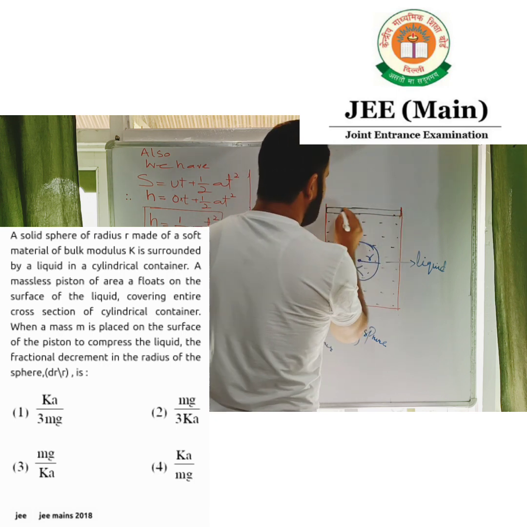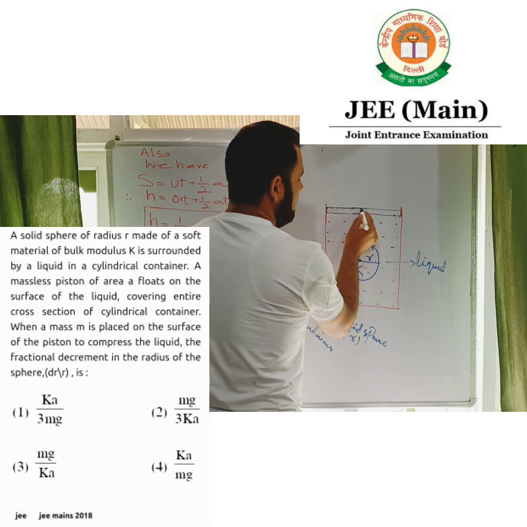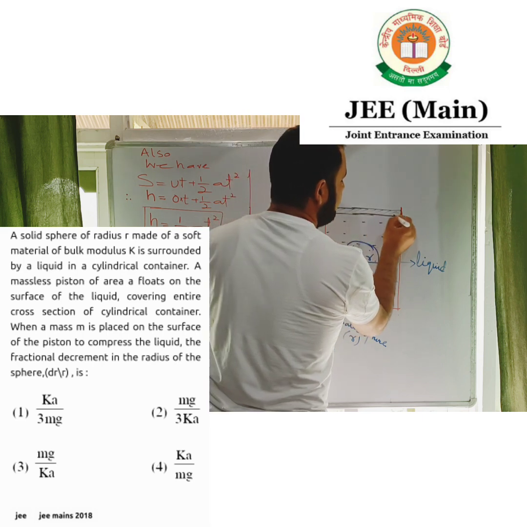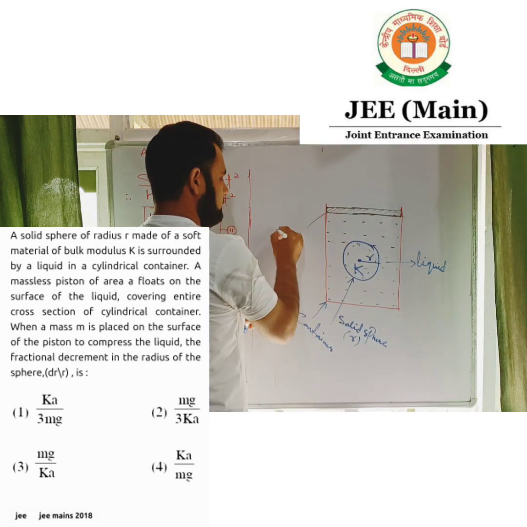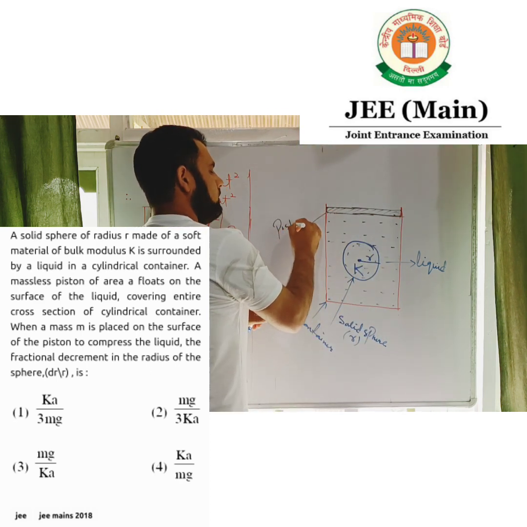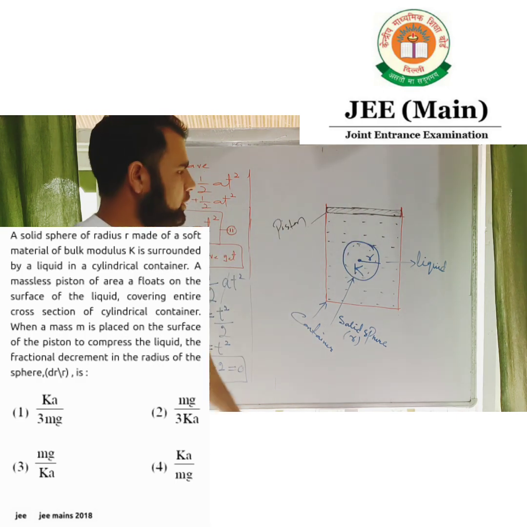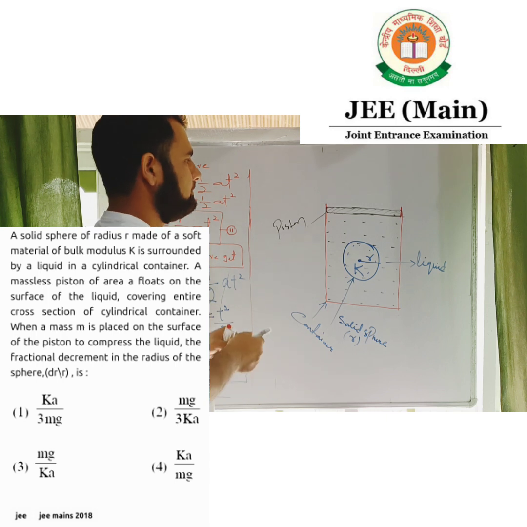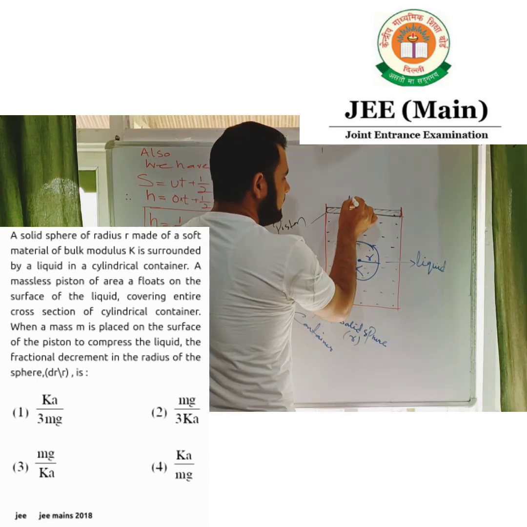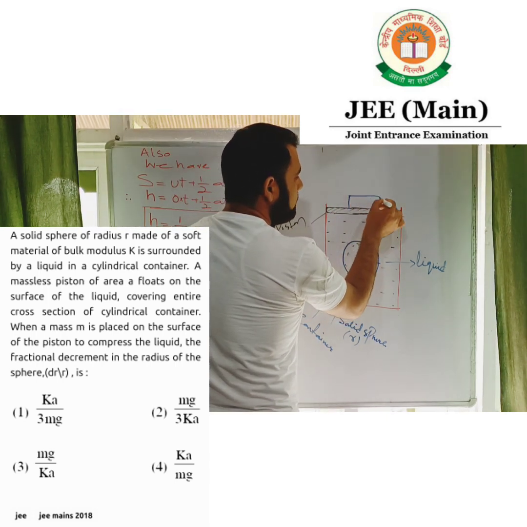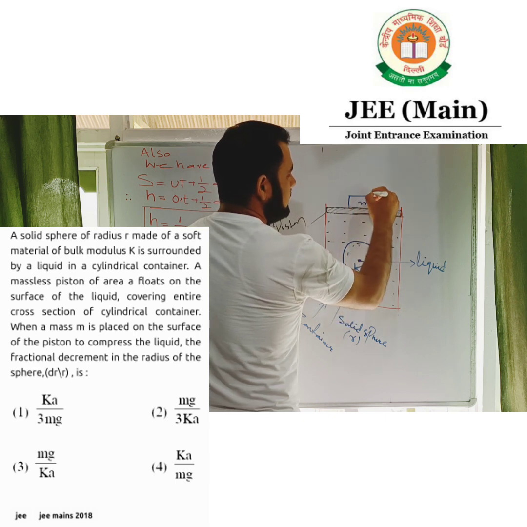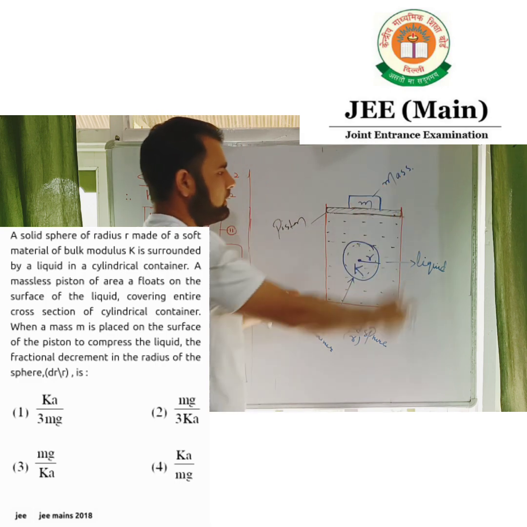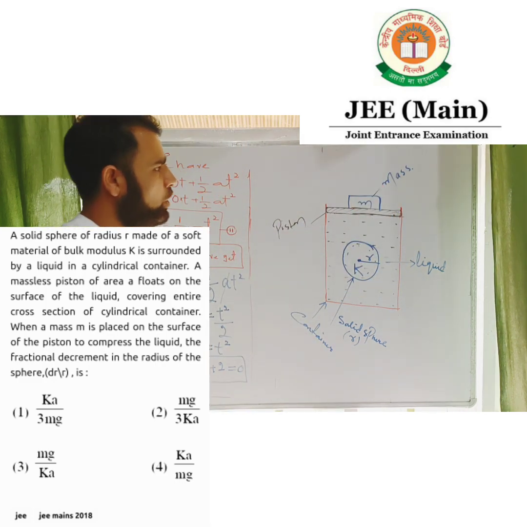So suppose this is a massless piston, covering the entire cross section of the cylinder. Now the question asks here, when a mass is placed on the top surface of this piston, what happens?